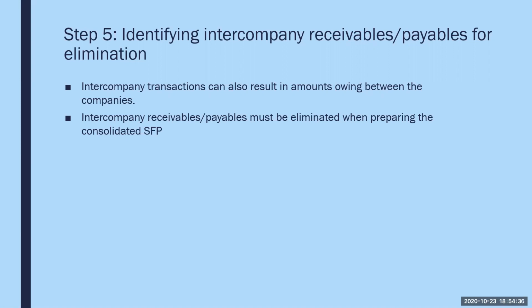Now, by dint of the fact that these two companies are part of the same reporting entity, the receivable and the payable related to the intercompany balances must be eliminated, i.e. gotten rid of, when we prepare the consolidated balance sheet. And these amounts are identified in step 5 specifically for the balances, step 4 for the intercompany transactions for the statement of comprehensive income.